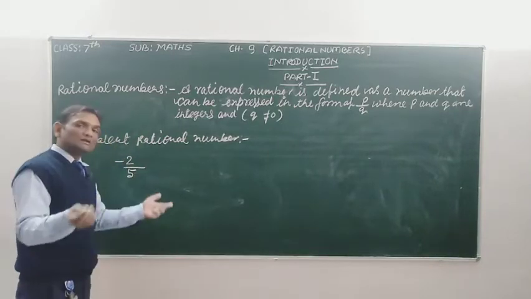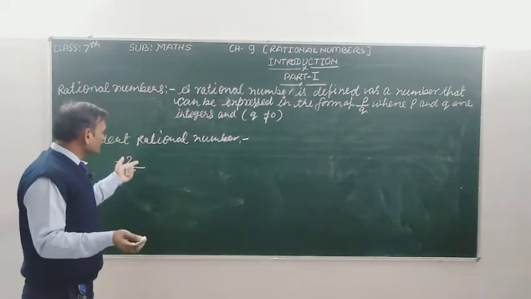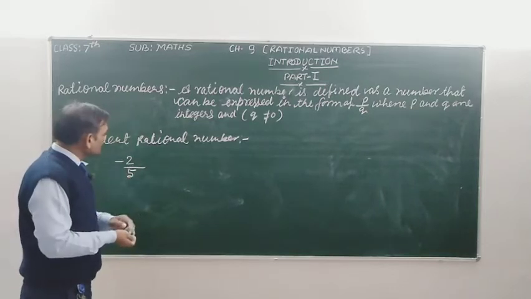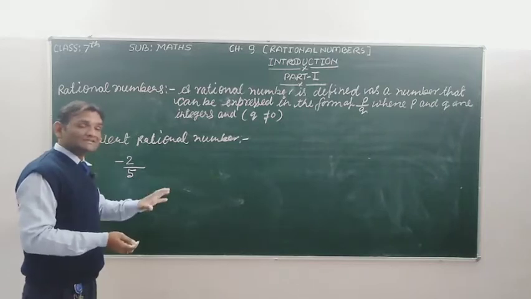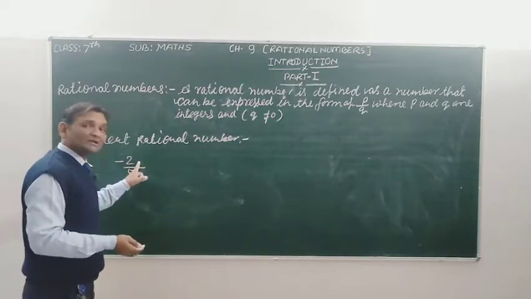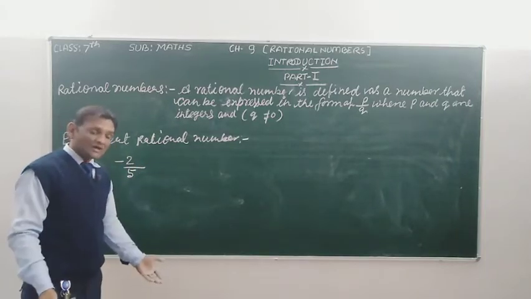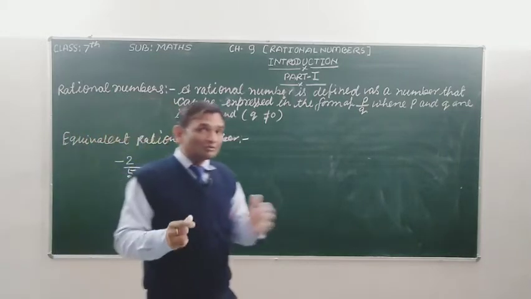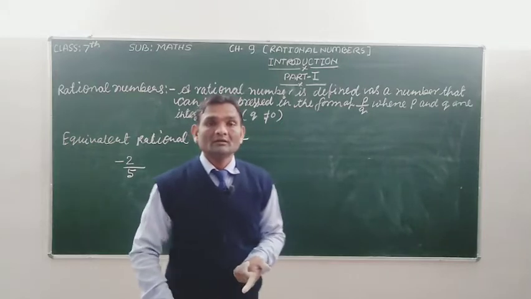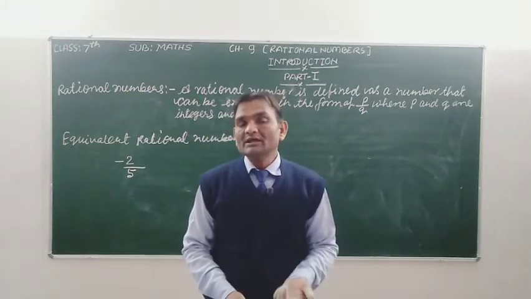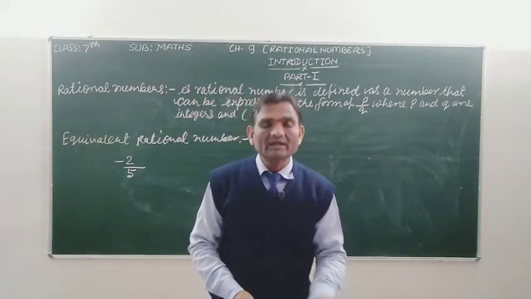Suppose that you want to multiply by 3 in numerator and denominator, so you have to multiply by 3 in both. Not like this, that you multiply the numerator by 3 and the denominator by 4. Then you will be unable to find the equivalent rational number. फिर आप equivalent rational number find out नहीं कर पाएंगे.